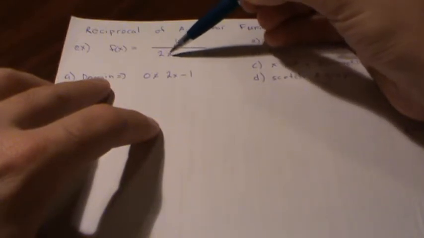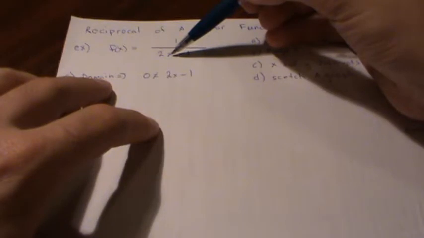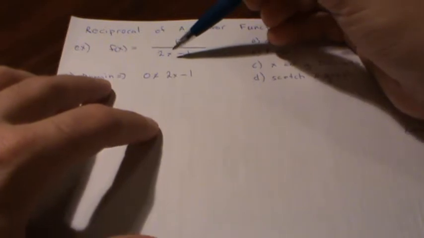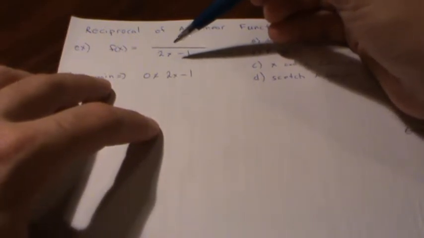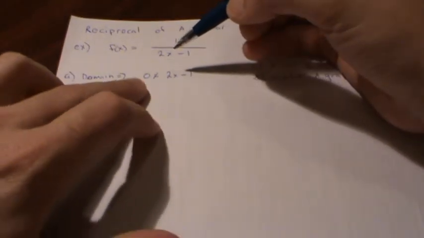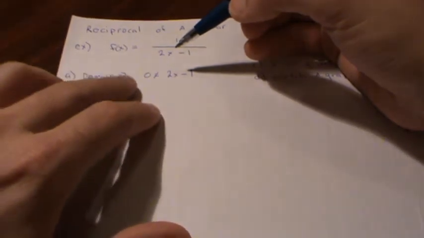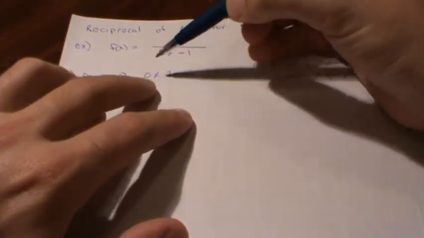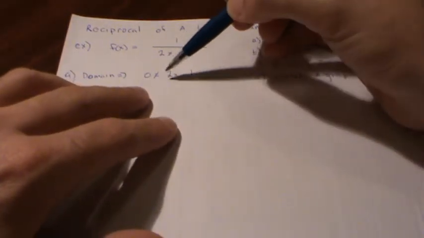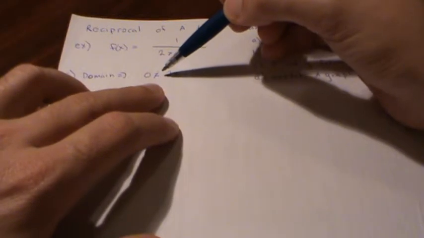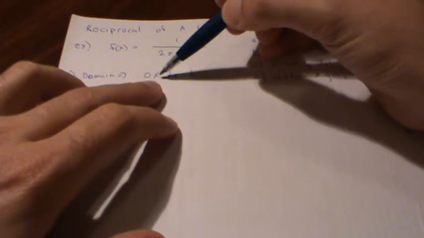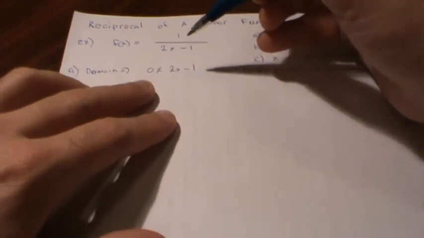If I get a 0 in the denominator, you just can't do it. It's undefined, so the domain is everywhere except where this denominator equals 0. This might be the first time you're doing algebra with the not equal sign, but it actually works quite nicely.